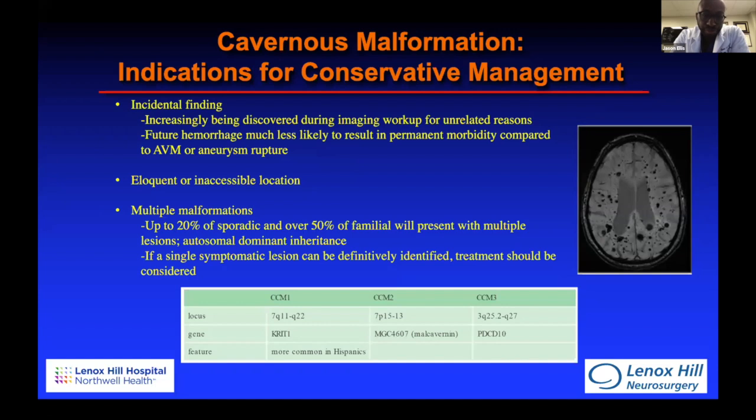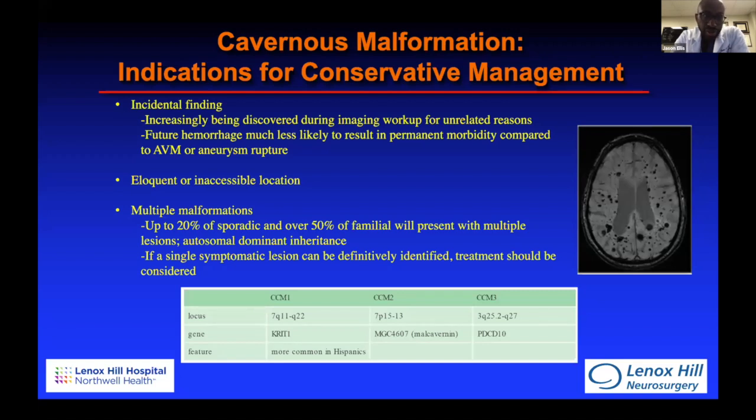So we are quite selective about treating cavernous malformations given these natural history characteristics of, one, having a relatively low rupture rate, and two, when they do rupture, they tend to not result in severe morbidity in the way that the high flow arteriovenous shunting lesions can, and in the way that aneurysms can.